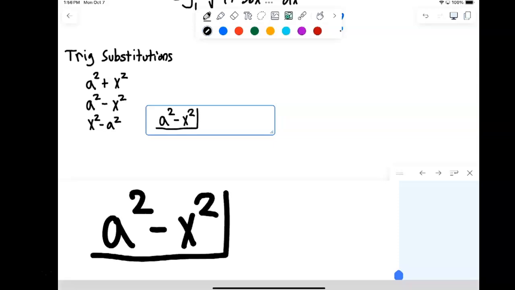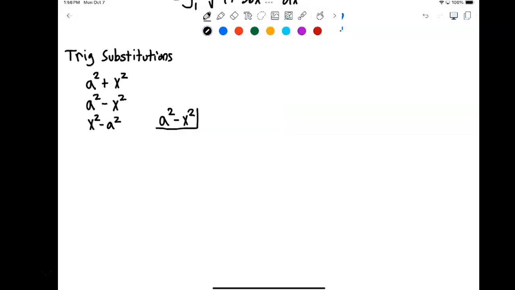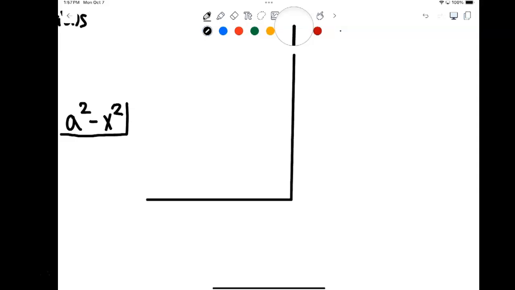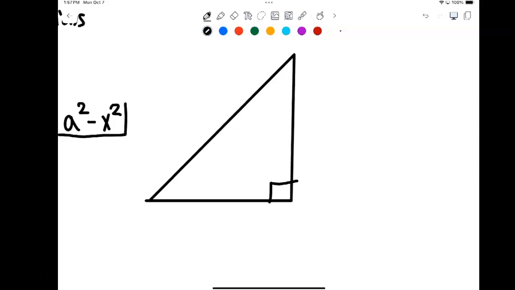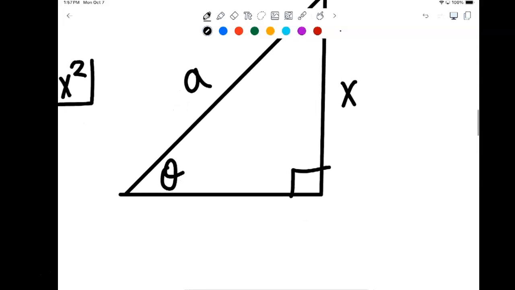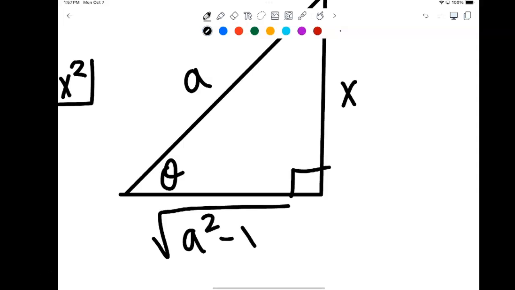So the idea is this: where does a squared minus x squared come from? Well, if we have a right triangle, and the hypotenuse is a, and one leg is x, and our angle is theta, then of course the third side would be the square root of a squared minus x squared.